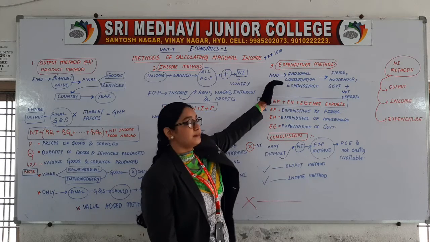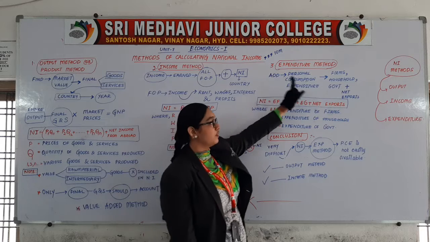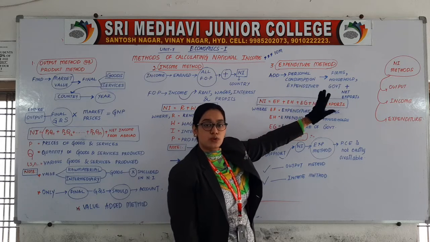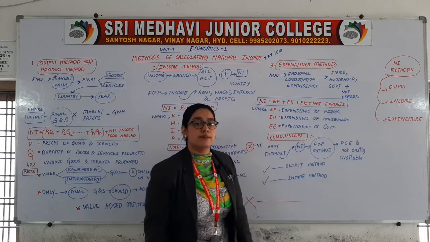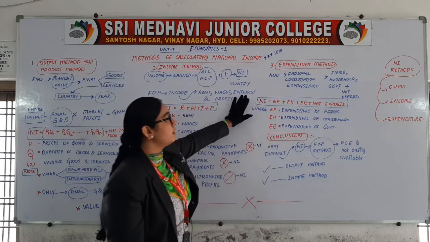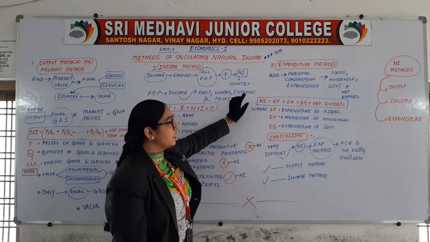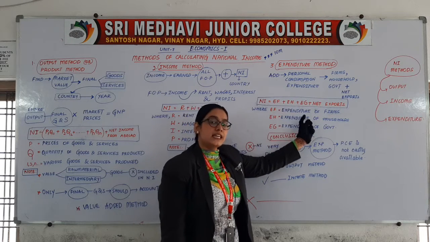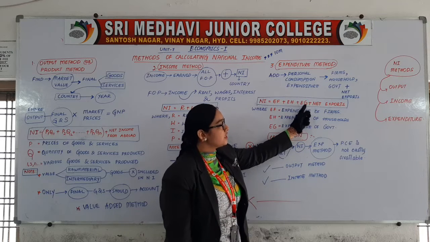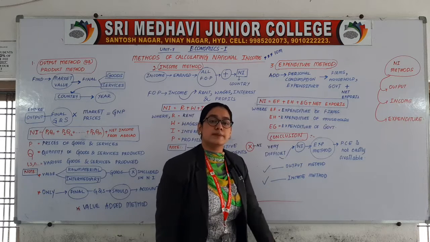Here we are calculating personal consumption expenditure of firms as well as households, okay, the people who are running their families, and also the government. Let us see what is the formula for expenditure method. National income is equal to EF plus EH plus EG plus net exports.